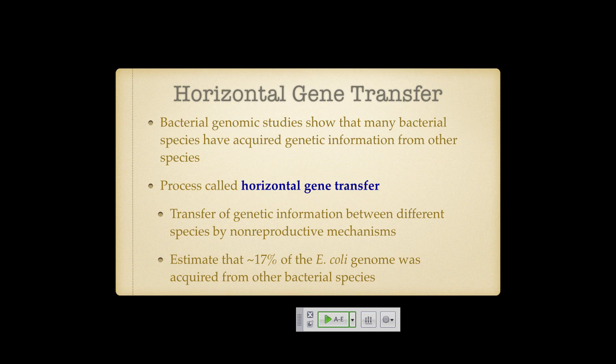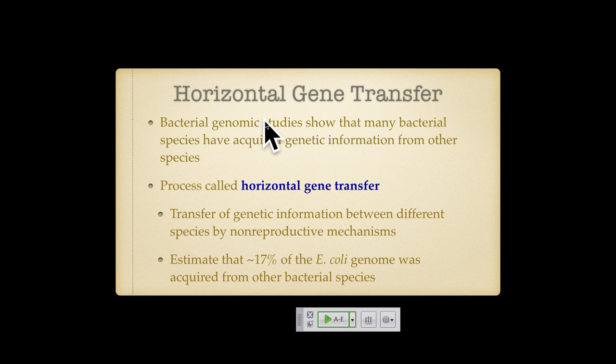This is that slide on horizontal gene transfer. What we mean by horizontal gene transfer is a transfer from species to species that's not going through replication. So it's staying at the same generation, and it's really a transfer between different species.